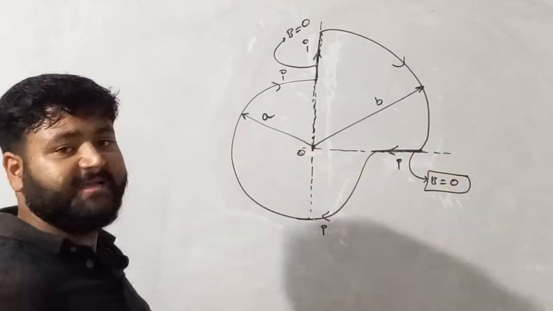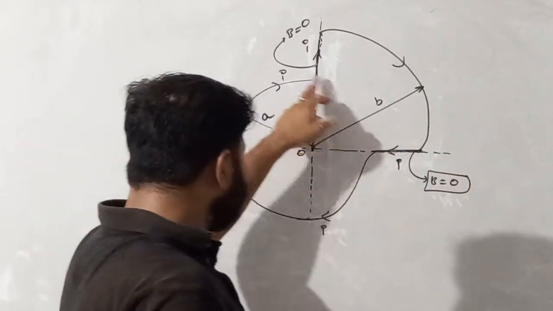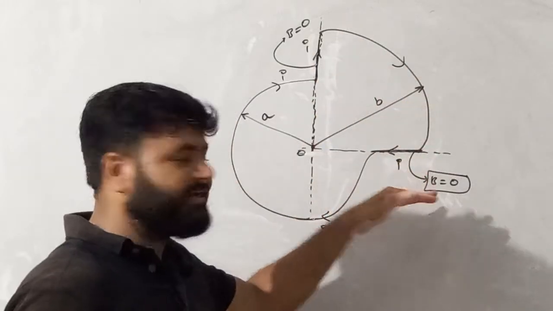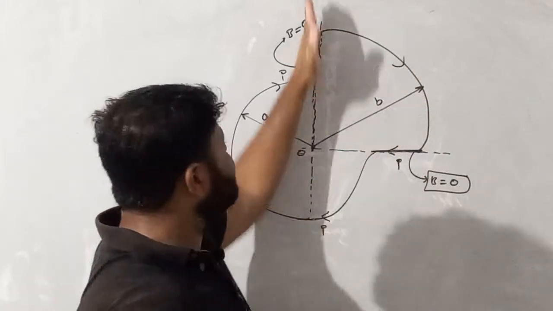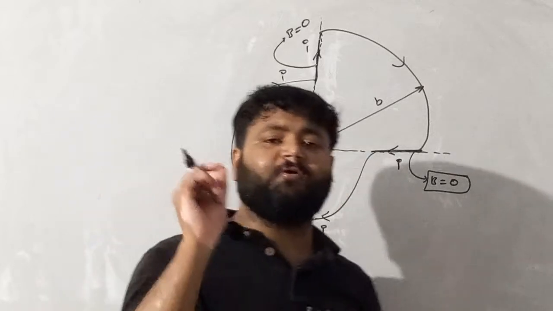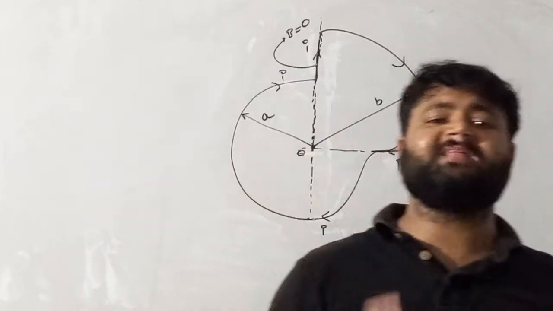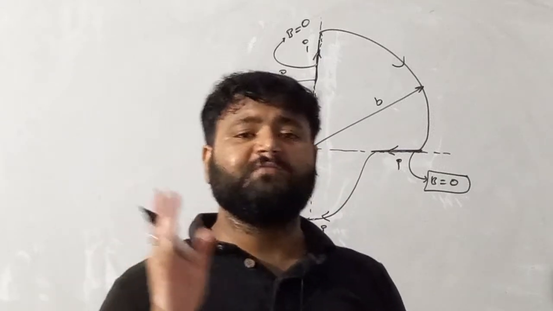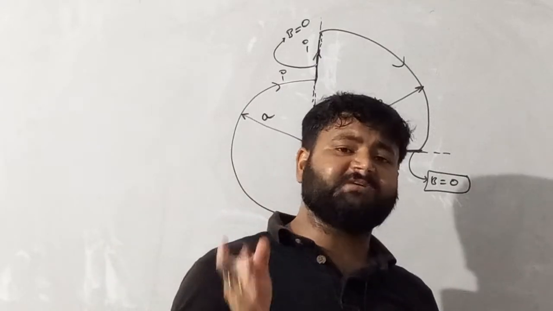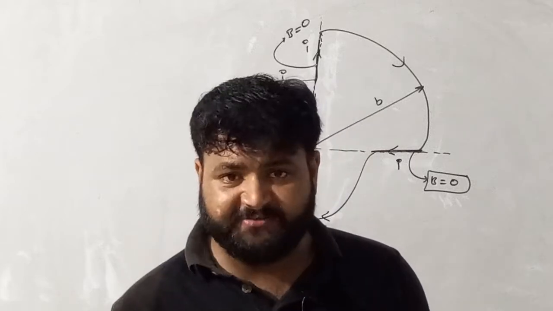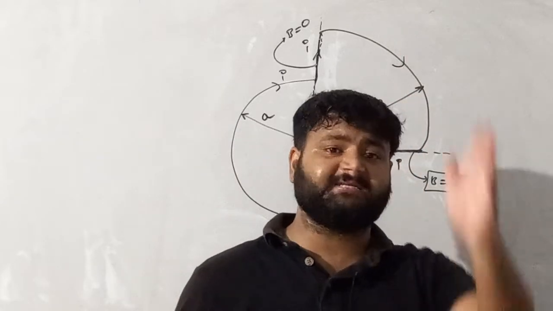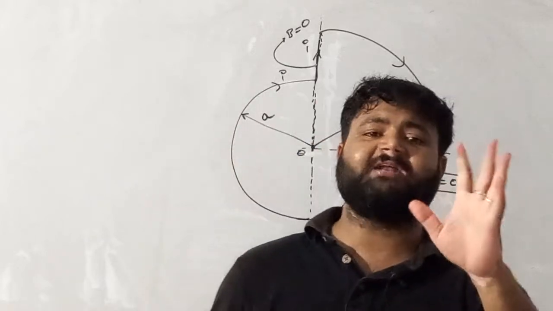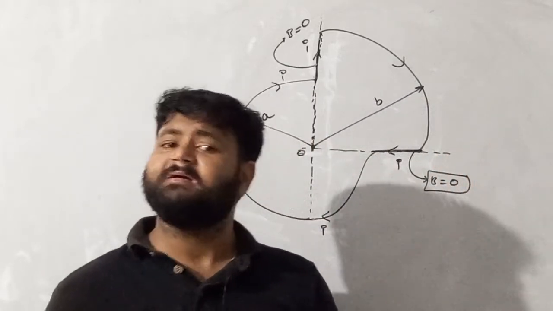I am repeating once again. Please try to understand. This is one structure, a semicircular arc. This is 1/4 part of an arc. This is a wire. This is also a wire. Remember one thing, if the axis of the wire is passing through that point where we want to find magnetic field, then in that case the value of magnetic field is considered to be 0.